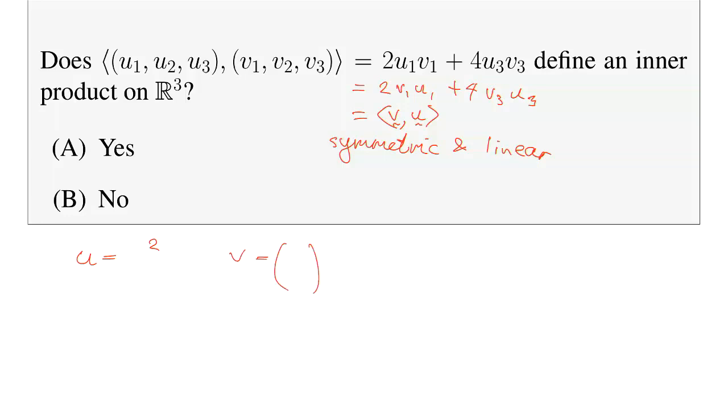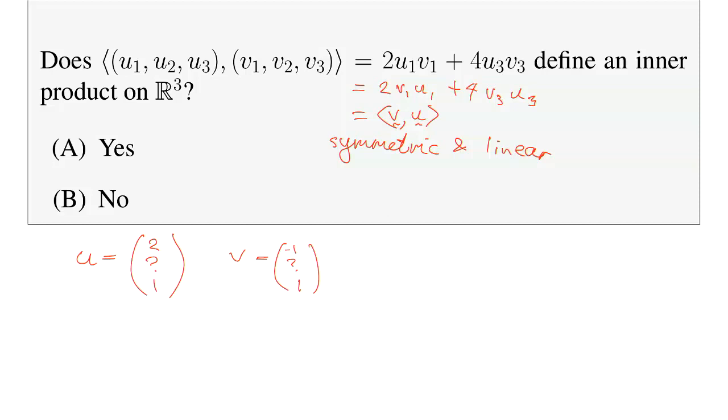U1 is 2, U2 doesn't matter, and U3 is 1. And V1 is -1, V2 doesn't matter, V3 is 1.